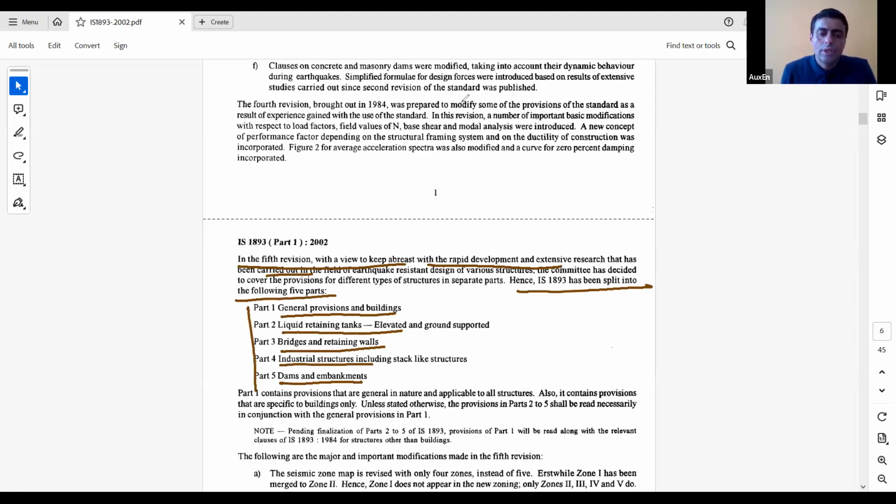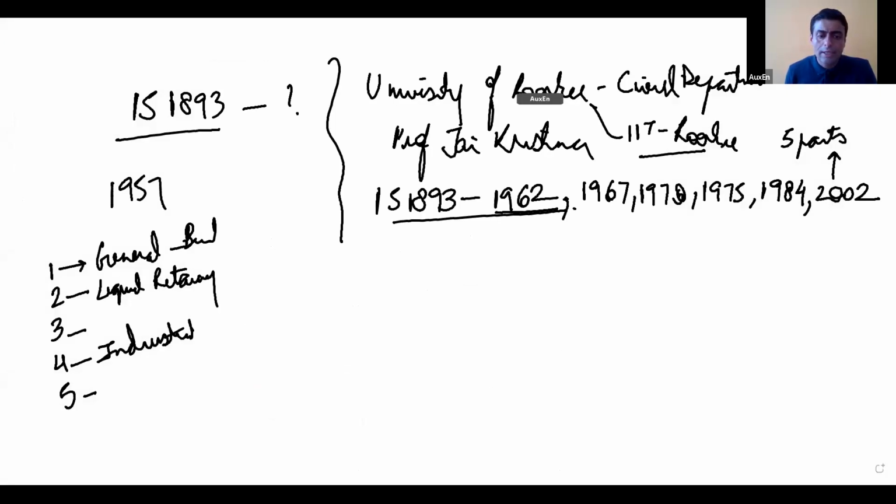Now you may be aware that in the year 2022, a 6th part has also been published. How many of you have seen the 6th part of 1893?